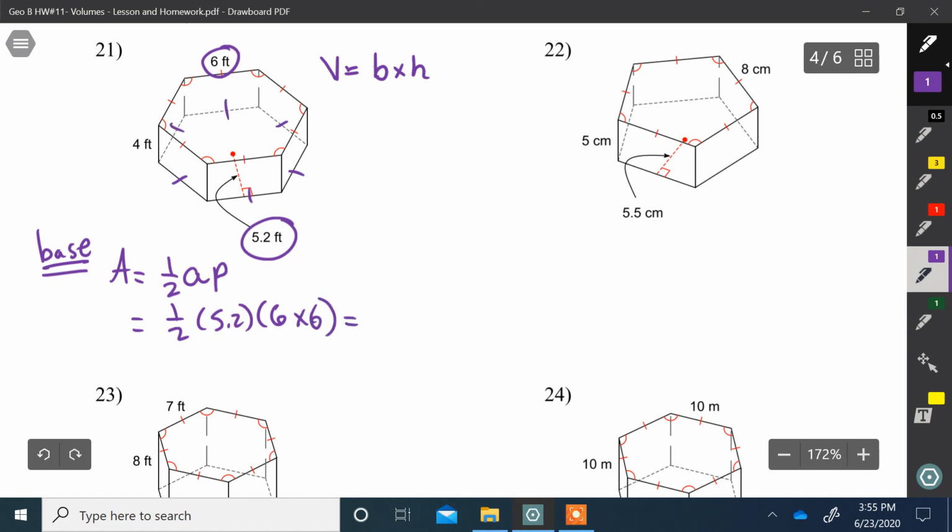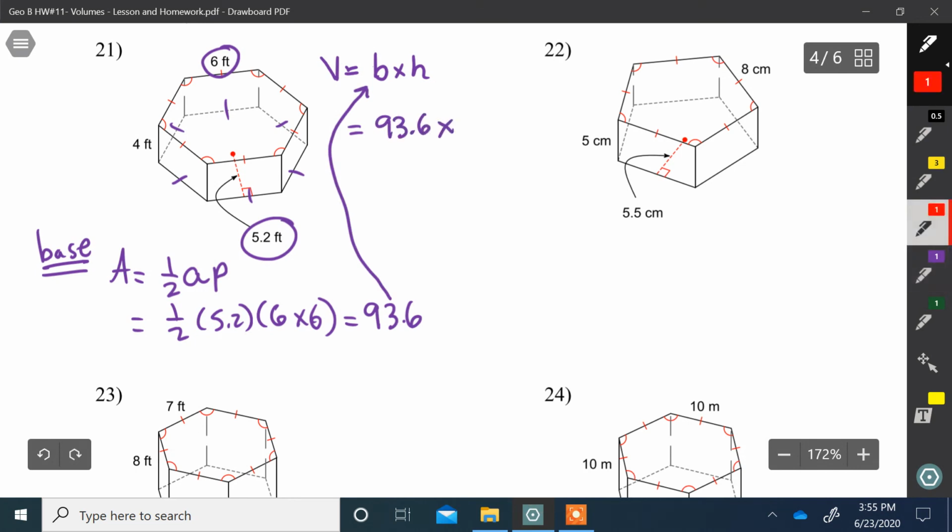You multiply all that out and you get 93.6. So that is my base right there. Now, what will be considered the height? This will be this right here.